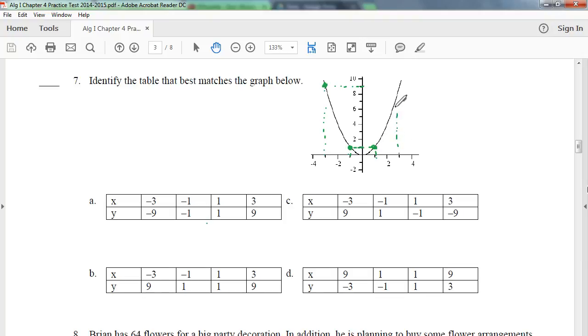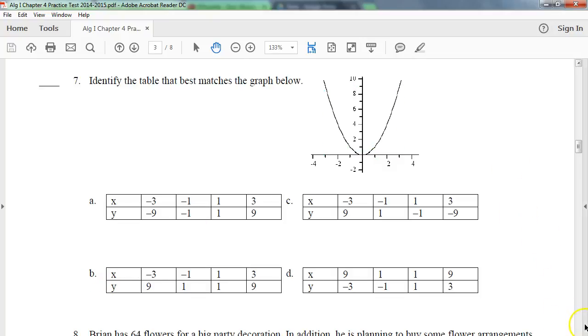And +3, oops, that's a little slanty, sorry. +3 will be up here also at 9. So that looks then like option B. So 7 is B.